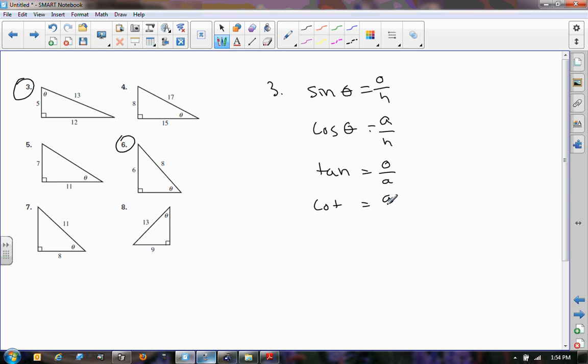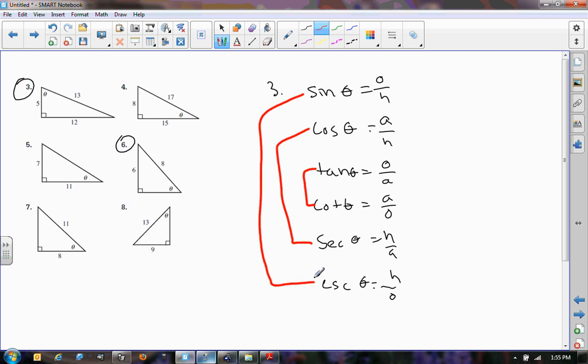Let's start flipping them. AO, secant of theta, HA, cosecant of theta, HO. Remember how they are connected. They are connected by tangent and cotangent, cosine and secant, cosecant and sine.